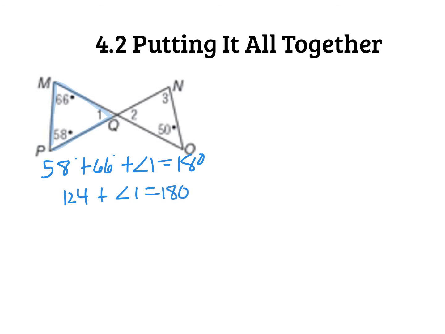To solve for angle 1, I subtract 124 on both sides. The measure of angle 1 equals 180 minus 124, and that gives us 56 degrees.